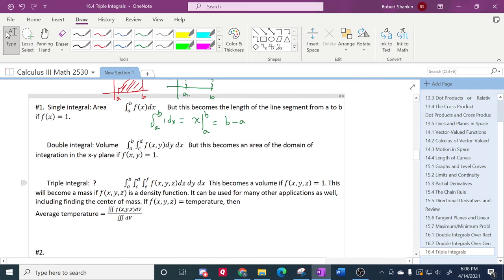Alright, so this triple integral, this becomes a volume, one dimension less, just like these other two, if the f of xyz was 1. This will become a mass if f of xyz is a density function.